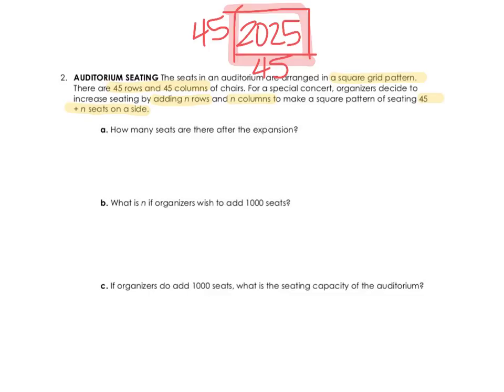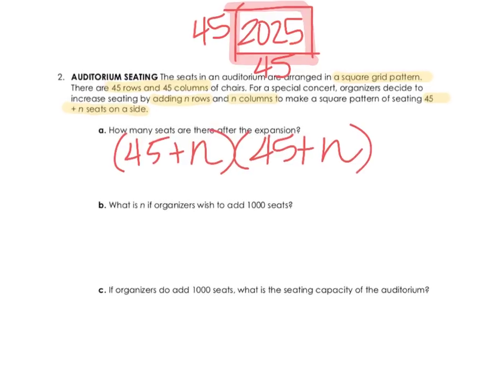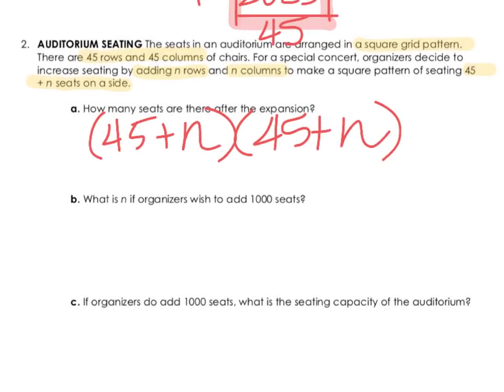Now how many seats are there after the expansion? What we want to do is write this in terms of n, because we don't know how many rows or columns were added. We just know it's 45 plus n for rows and 45 plus n for columns. If our goal is to write this in factored or standard form, right now it's in factored form, so just multiply it out.